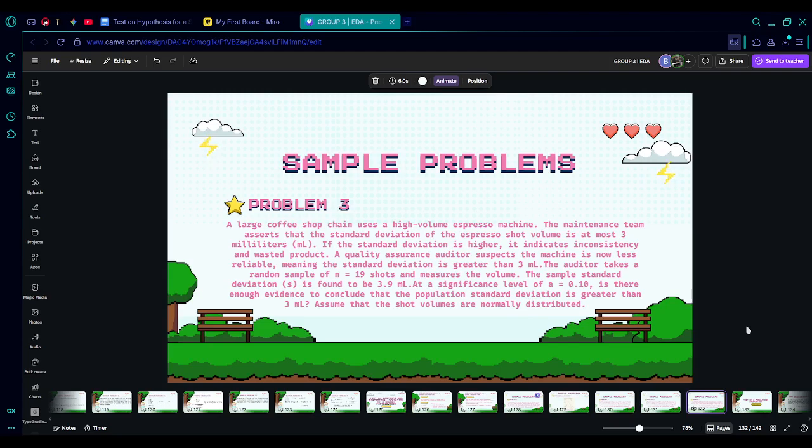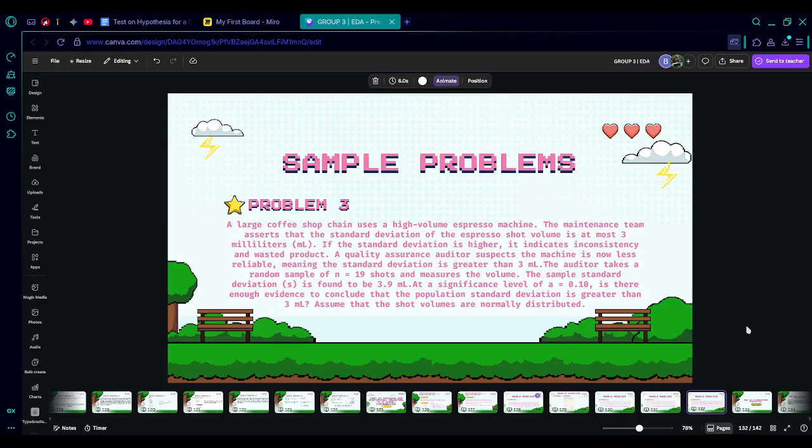A quality assurance auditor suspects that the machine is now less reliable, meaning the standard deviation is greater than 3 ml. The auditor takes a random sample of n equal to 19 shots, and measures the volume. The sample standard deviation, or s, is found to be 3.9 ml.